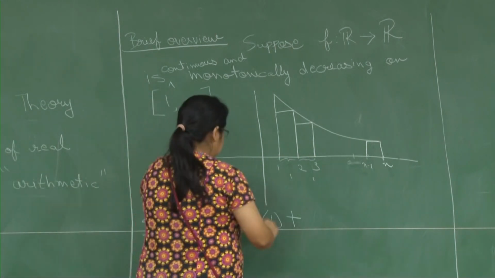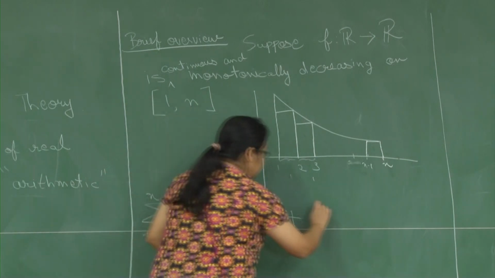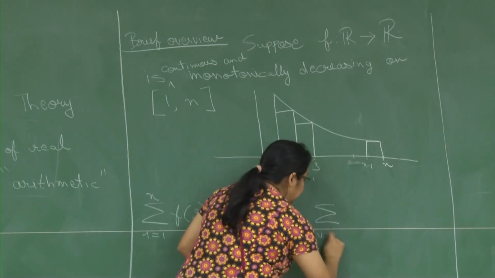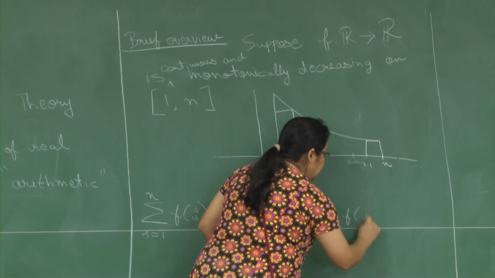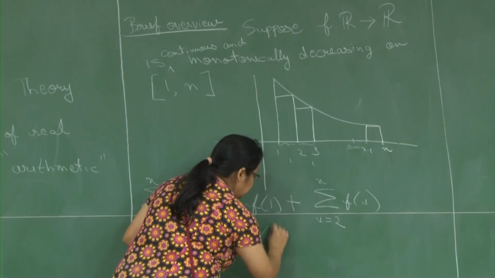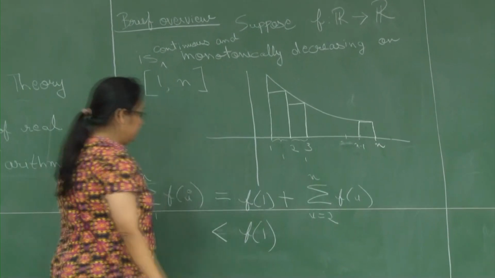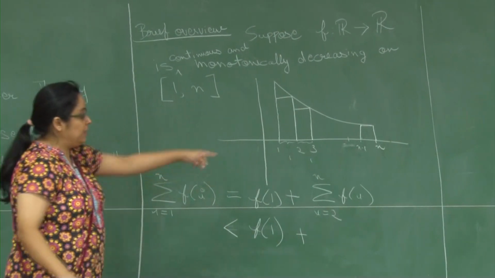Okay. So, this is i going from 2 to n f of i. So, keep f of 1 intact, okay, plus what do you have?